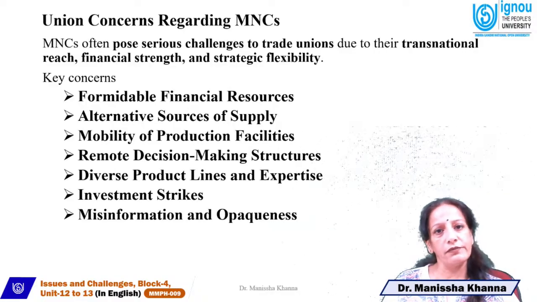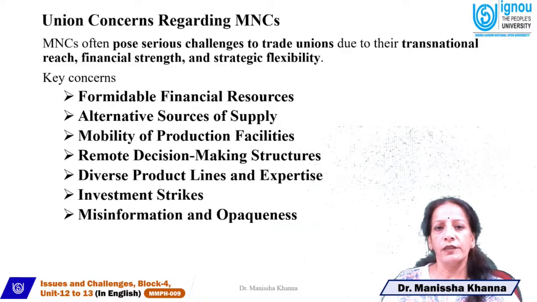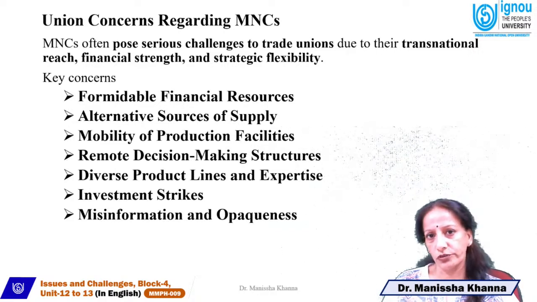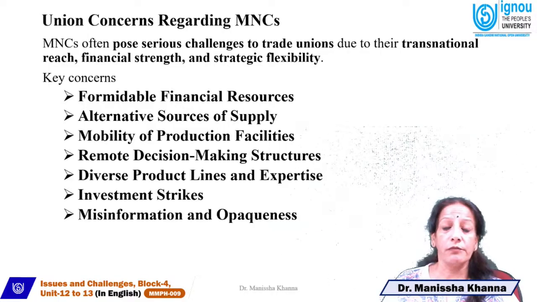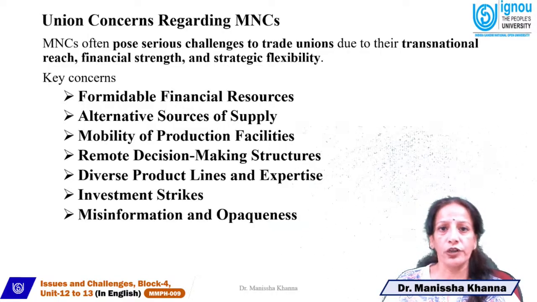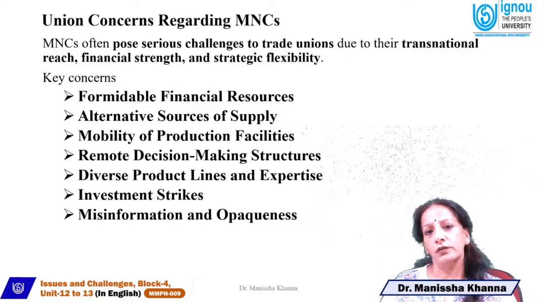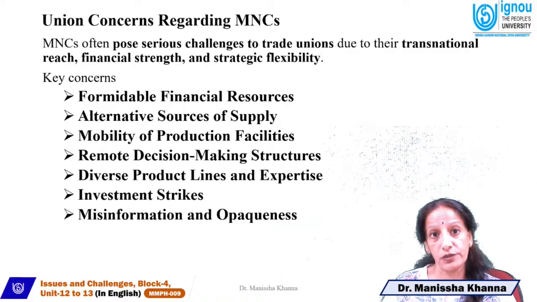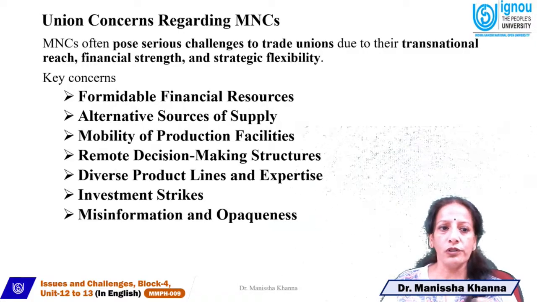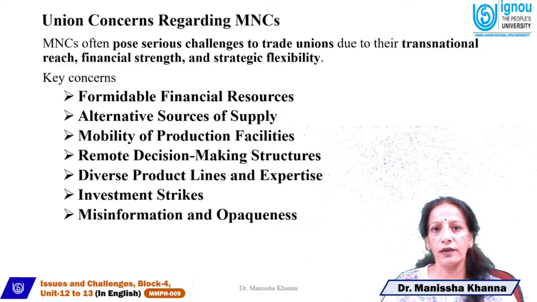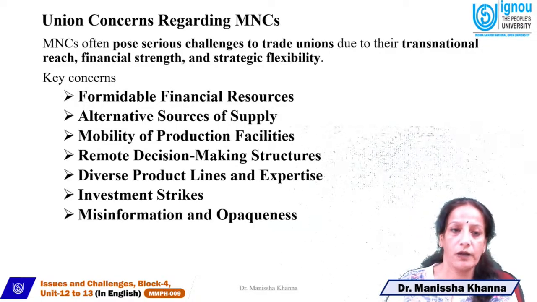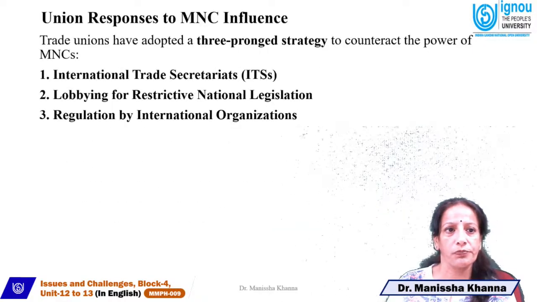They have experts with them. They can shift their entire production facilities. They make decisions remotely. They sometimes have universal IR strategies, and the entire subsidiaries follow that. So all these concerns leave unions with low bargaining power against multinationals.